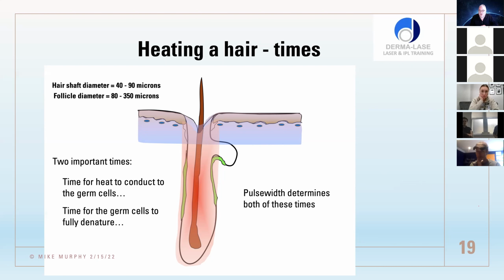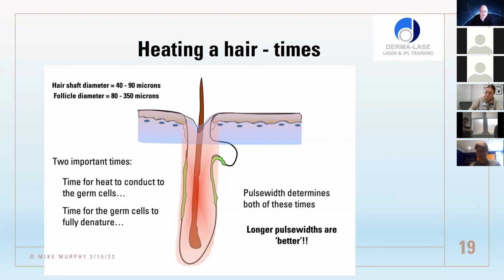So what we have to do is make sure that the pulse width we choose in the machine, laser or IPL, effectively covers both of these times. That tells us that longer pulse widths are better. A longer pulse width will allow more time for the heat to conduct out to the germ cells and then for the germ cells to actually cook properly.